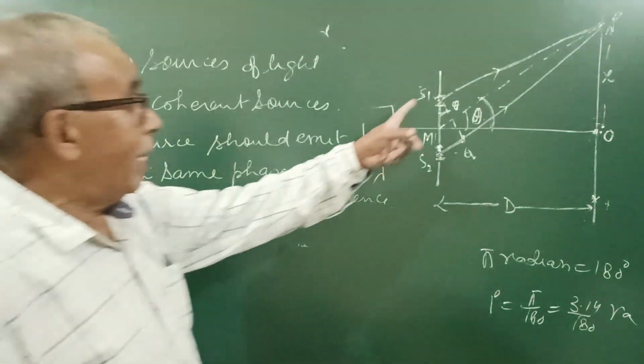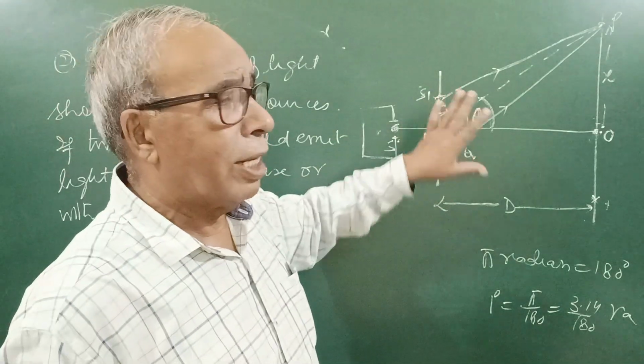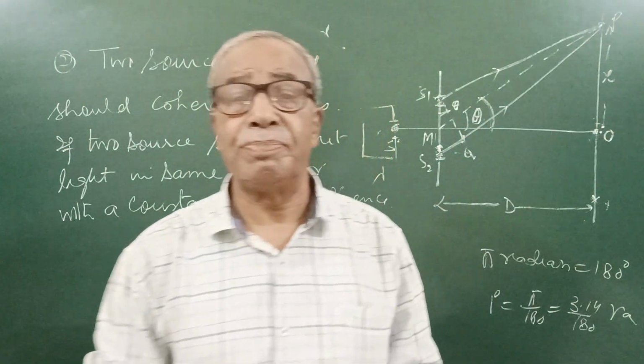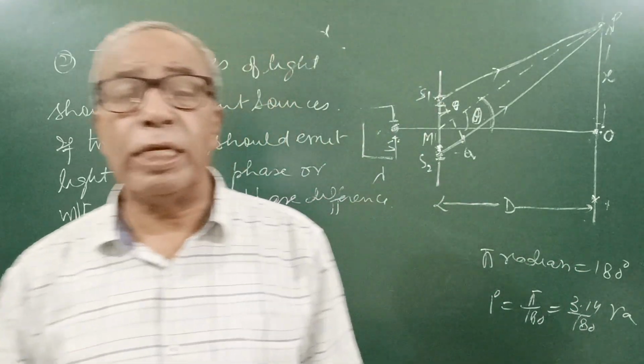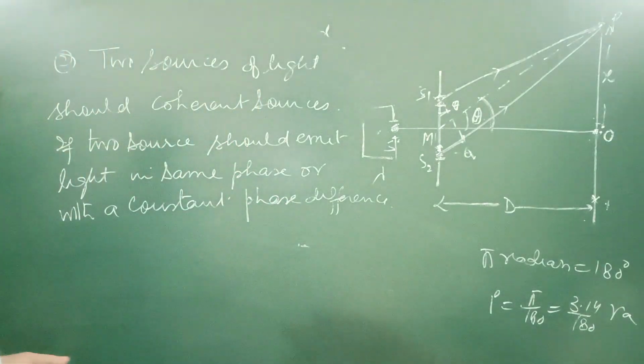If there is some difference, say of 10 degrees, 15 degrees, 1 degree, that should not change also. Otherwise, if the phase keeps on changing, then the intensity of light at every point will keep on changing, and hence dark and bright fringes will not be obtained.